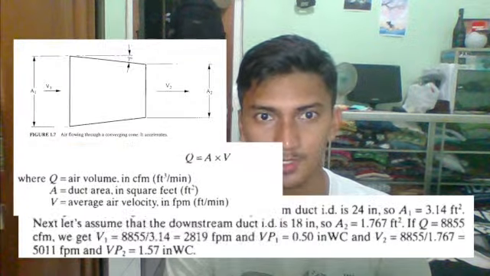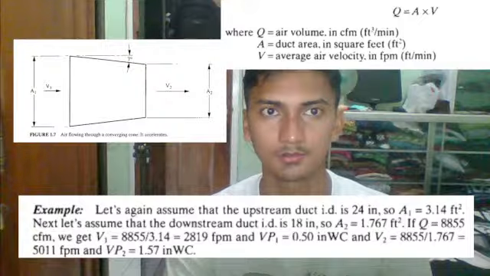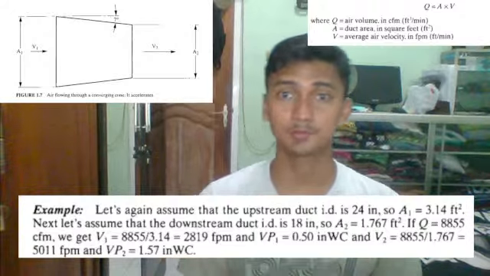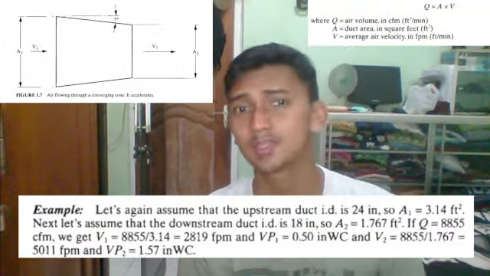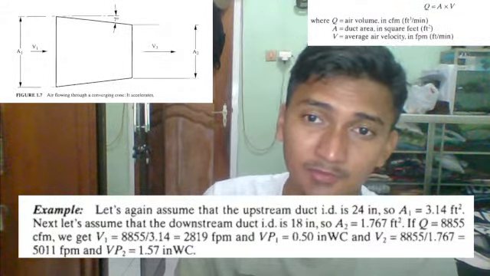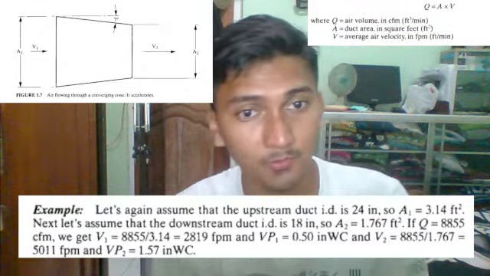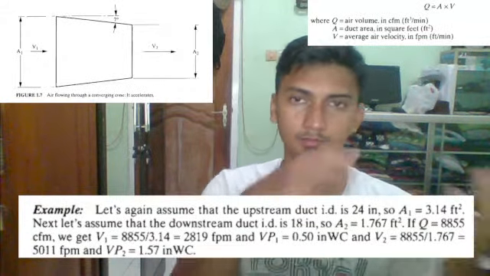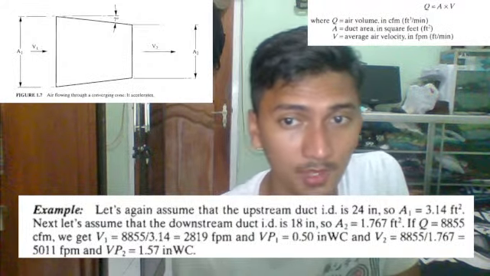Let's assume the upstream duct is 24 inch, so A1 is equal to 3.14 square feet. Next, assume the downstream duct is 18 inch, so A2 becomes 1.767 square feet. If Q equals 8,155 CFM, we get V1 as Q1 divided by A1, which results in 2,119 FPM, and VP1 is 0.25 inch water column.